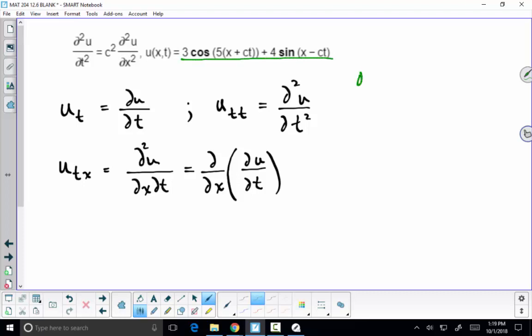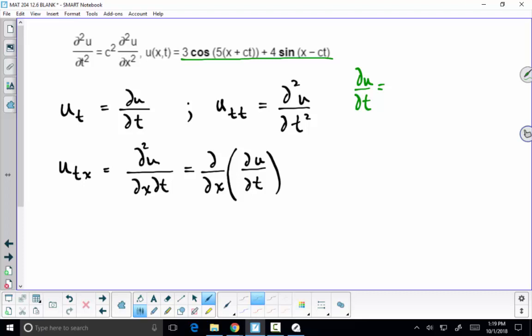So we'll do one of these partials, and then I'll set you on your merry way. We can revisit it if this isn't enough. So if we're going to take the partial of that expression with respect to t, we've got a t inside there, so we're going to just come left to right. The partial of a cosine is a minus sine. And then what's the partial of the inside with respect to t? 5c.